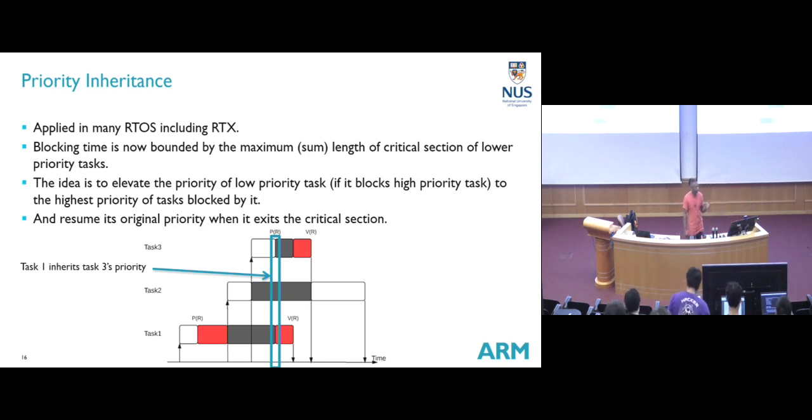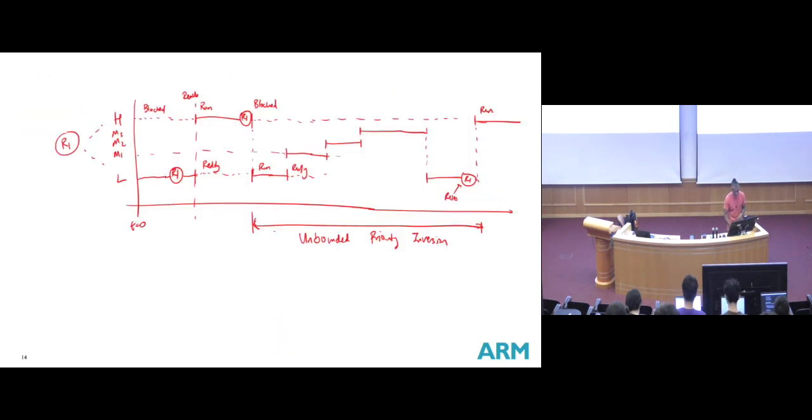So with priority inheritance, what happens? The moment a high priority task is blocked because of a low priority task, the low priority task's priority is elevated to match that of the high priority. What does that mean? Let's come back here. In this same situation, this is the point where the block happens, correct?